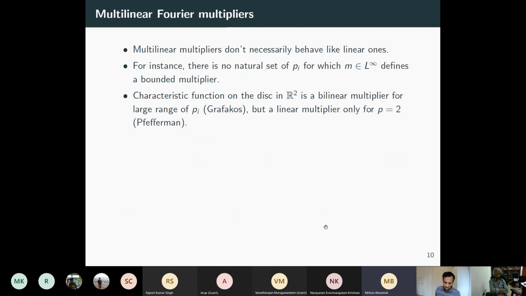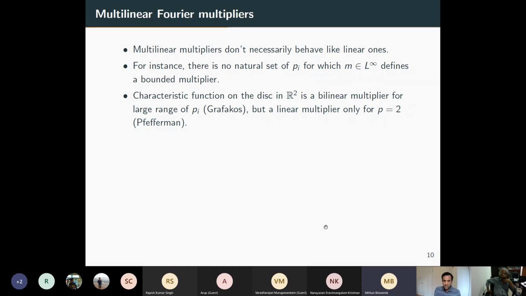Now, multilinear multipliers have been studied. There has been some previous work in the, say, abelian or Euclidean setting, but even there they don't quite behave like the linear ones. So for instance, there's no natural set of p_i for which a bounded function defines a bounded multiplier, right? Because you don't have a Plancherel type theorem for these products.